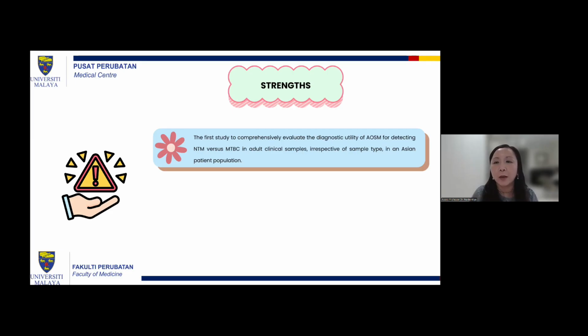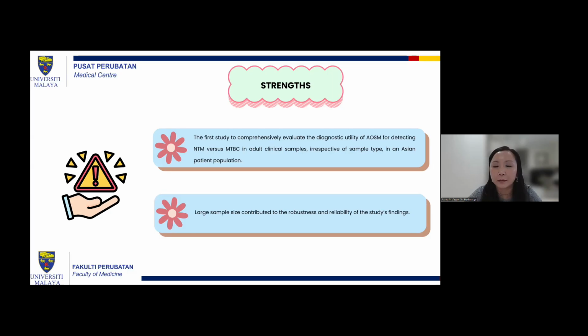Most of the previous studies in this area were conducted in a mainly European patient population. Another key strength of our study is the large sample size, which met the sample size requirements, and of course, because the sample size was quite large, that contributed to the robustness and reliability of our study's findings.